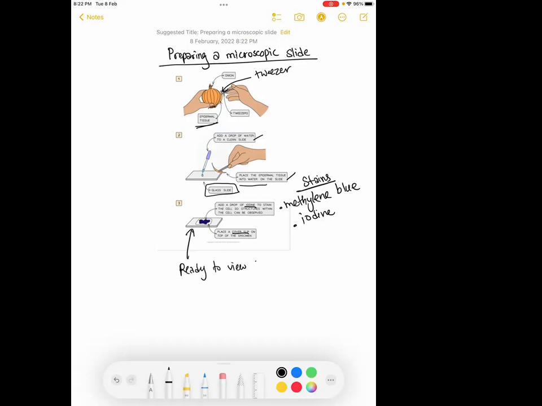Apu, if we don't stain it, are we not able to see what's the contents of the cell? No, because epidermal যে সেলটা, ওটার কোনো নিজস্ব কালার নাই, so you won't be able to really notice the structures. So just to make everything clear, all the structures of the cell, that's why you need to add the stain.